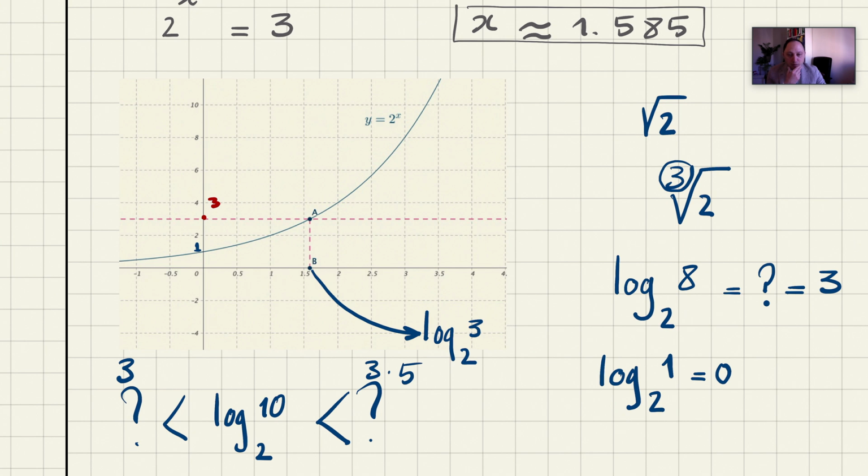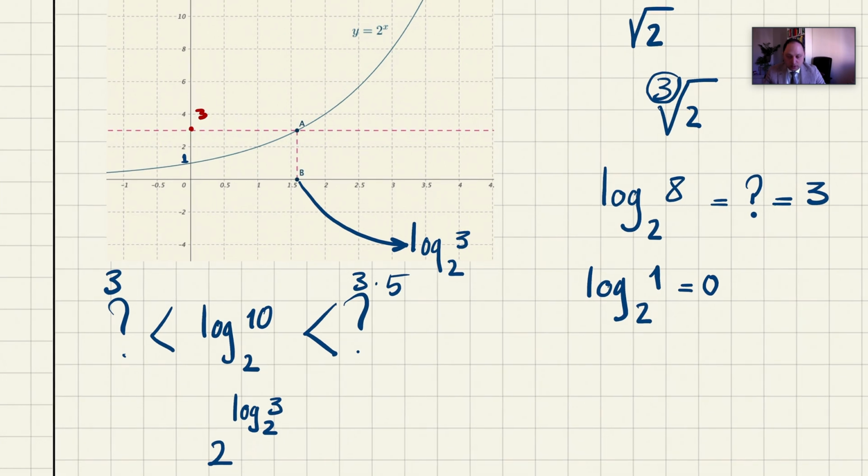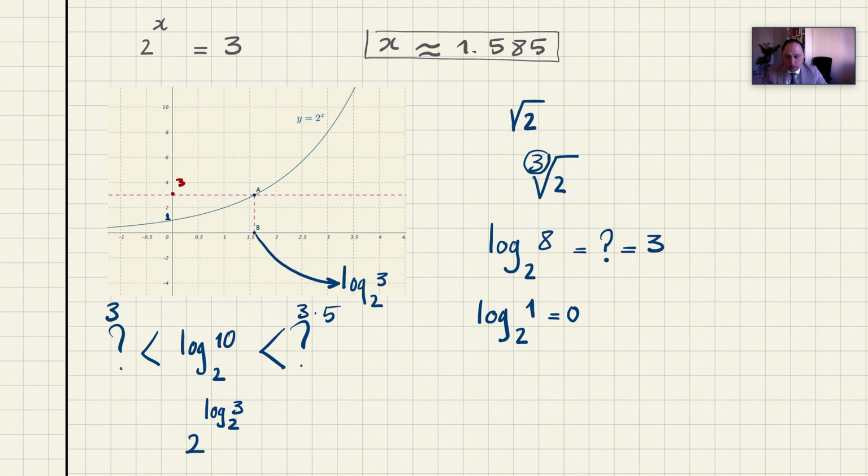Let me make it a little more challenging. What is 2 to the power of this nasty number? Do you need a calculator to answer this? No, there is no calculator needed.